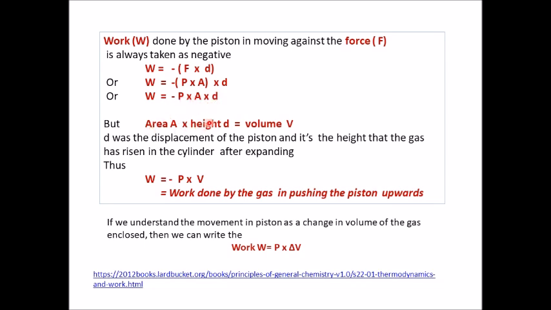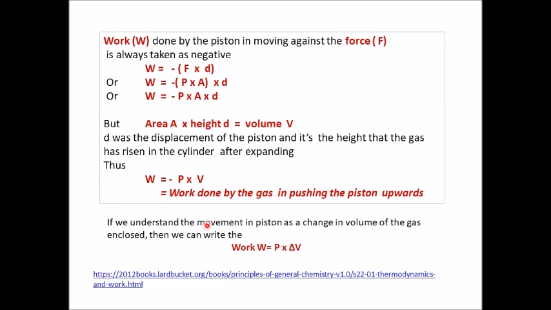but area into height or area into length is equal to volume V. So d was the displacement of the piston, and it is the height that the gas has risen in the cylinder after expanding. Thus W, that is the work done, is equal to minus P into V. Here we have seen A into d is equal to V. That is the work done by the gas in pushing the piston upwards.